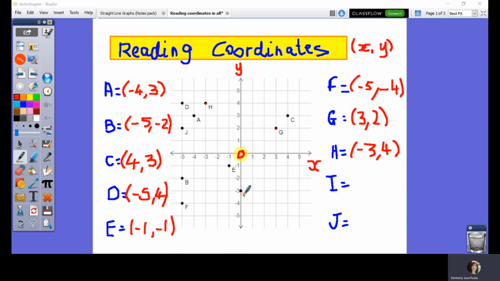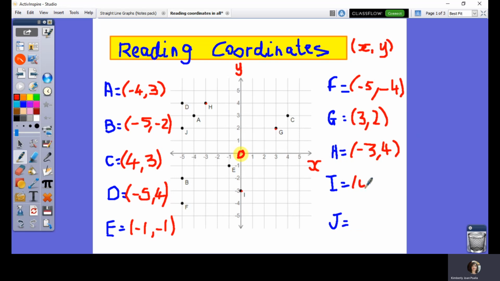Last two. Letter I is here. First you have to move along the x-axis. As you can see here, it doesn't move left or right. Therefore, it stays at the 0 position.